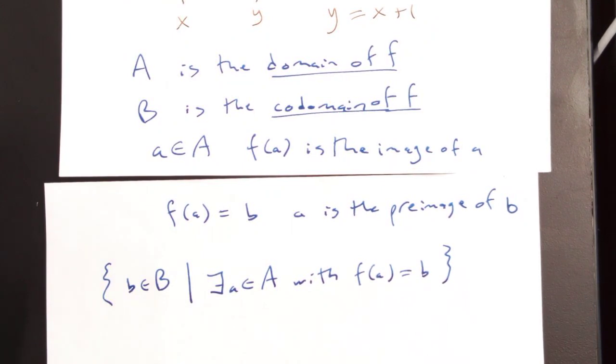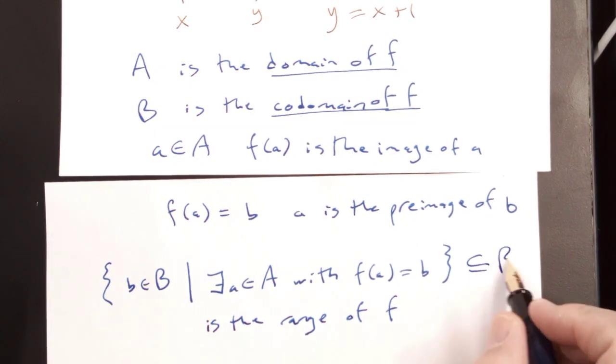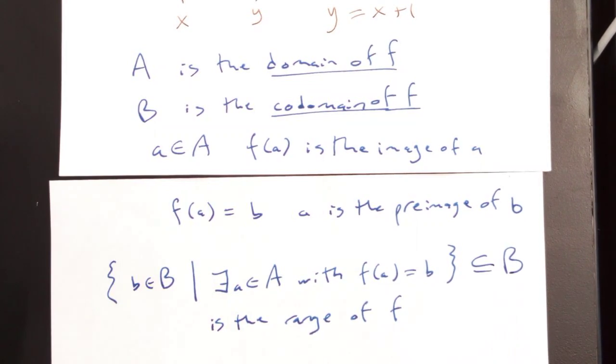So I'm going to define this set, the set of b's that get hit by something. That's the range. Please notice this is a subset of B. It might be the whole set, but it might only be part of it.